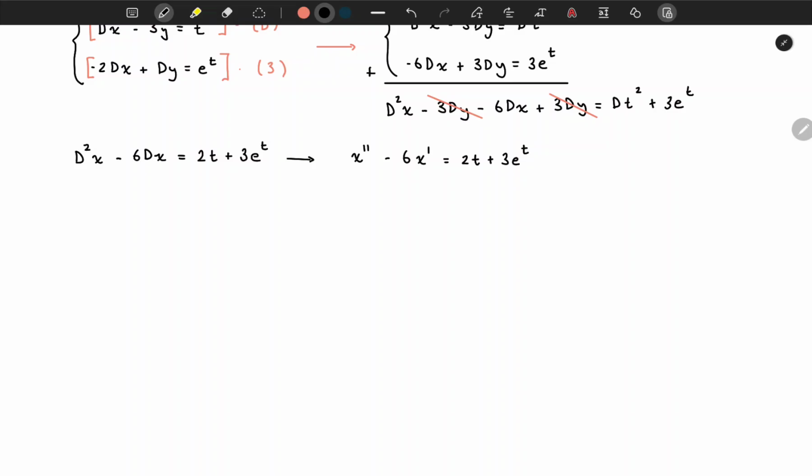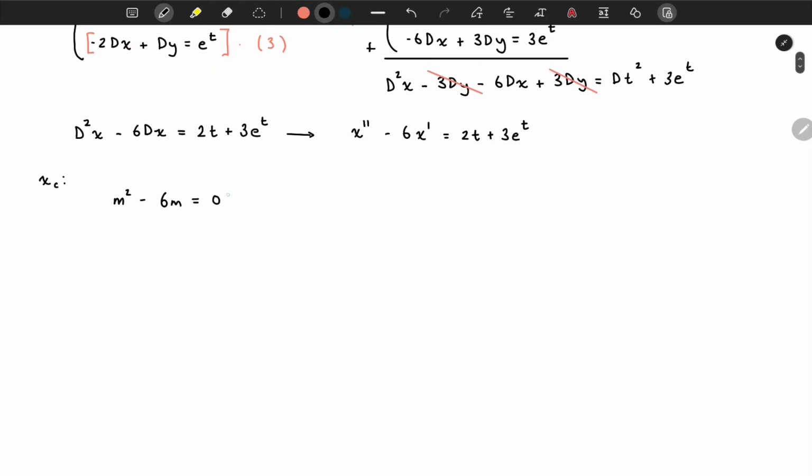Now we can solve for our xc, our complementary solution for x. So we have x double prime minus 6x prime, that is technically m squared minus 6m, and it's set equal to 0. Then we can factor that m out, leaving us with m times (m minus 6) equal to 0, and we get m1 equal to 0, and m2 equal to 6.